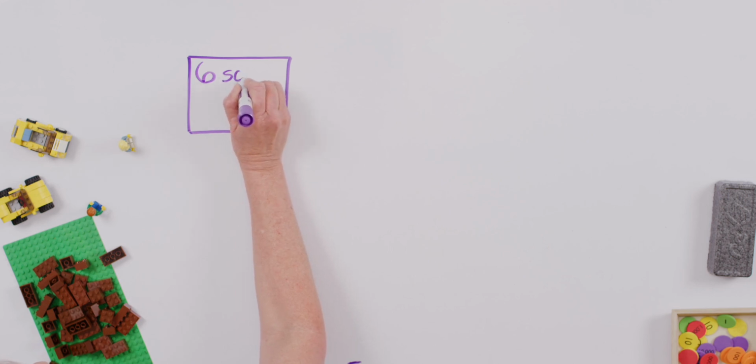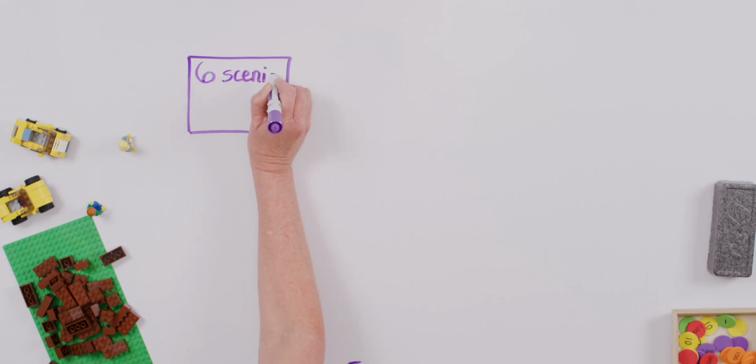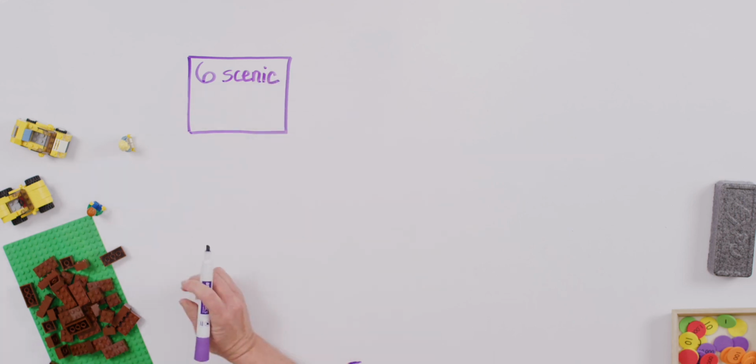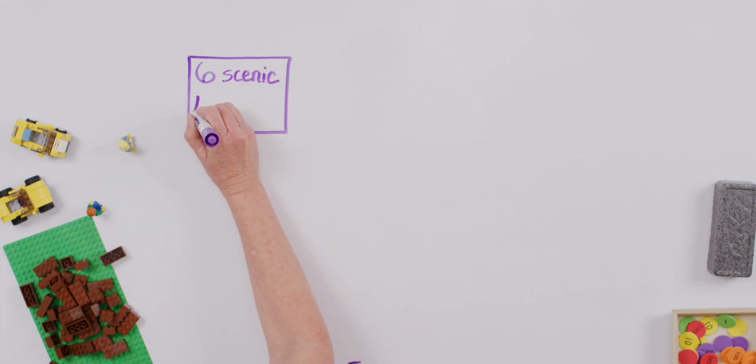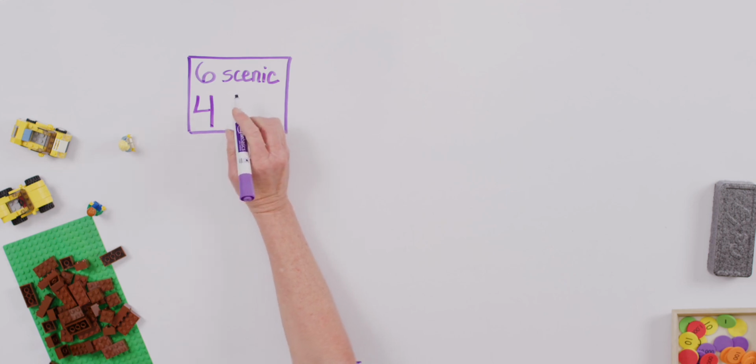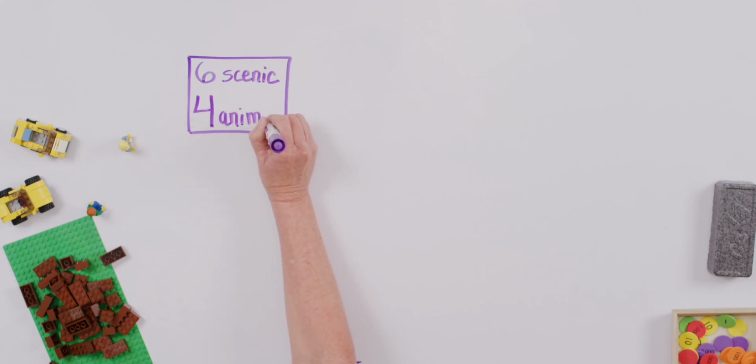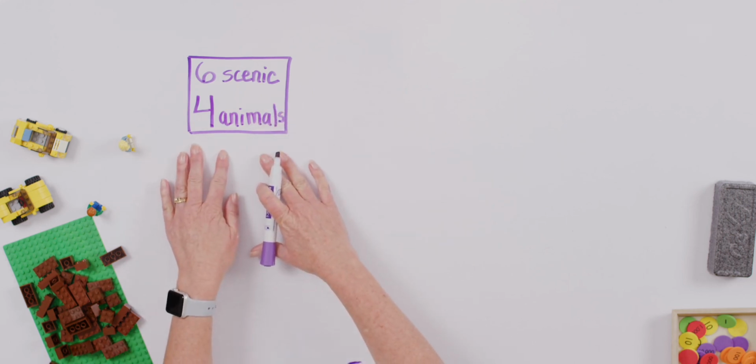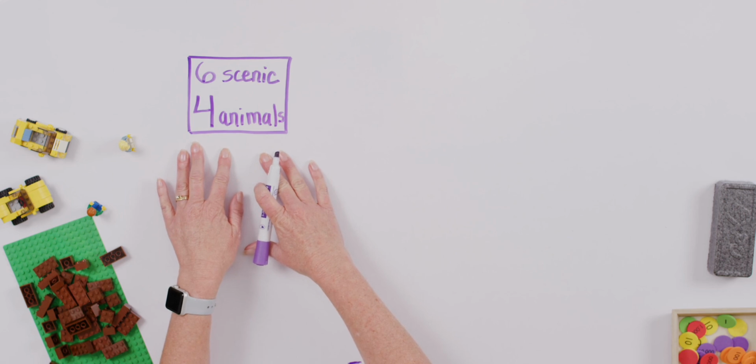So we're going to write 6 scenic. And 4 postcards of animals. Okay, so this is what Brianna is gathering at each stop.